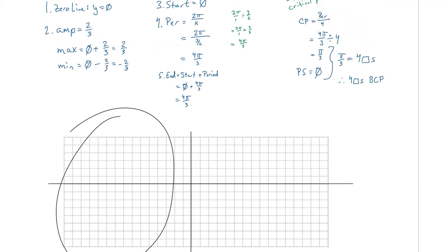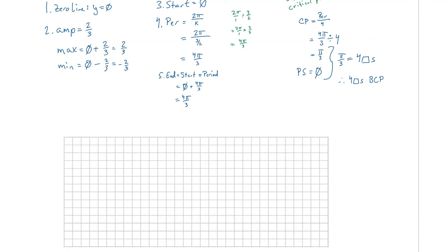If I'm counting 4 squares between critical points, and I've got 4 of them, 16 squares, if I don't make sure I have 16 squares over there, my point's going to go off the grid. And that's your other job, is you need to make sure all 5 points are on this grid, both vertically and horizontally. So you have to think just a little. It's not going to be hard, but you have to put some thought into where to put your axes.